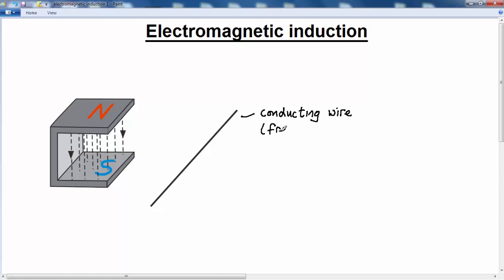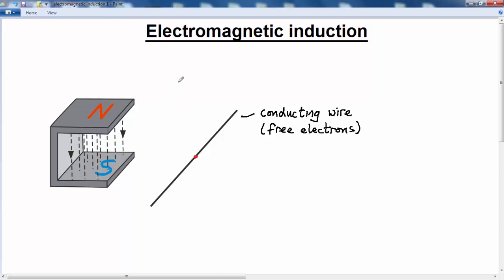You remember that from electricity, these free electrons are free to move through the structure of the conductor, and it is the electrons which carry the electricity. So we're going to focus on just one of those free electrons in this conducting wire. Okay, let's say this one here. We're going to focus on what happens to that single free electron to start off with.